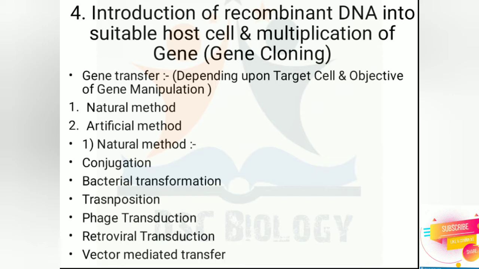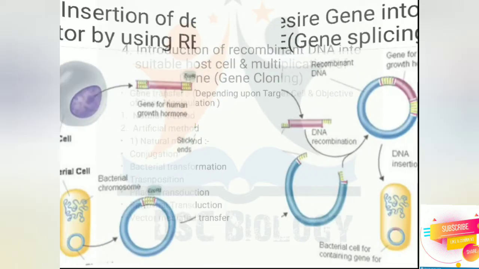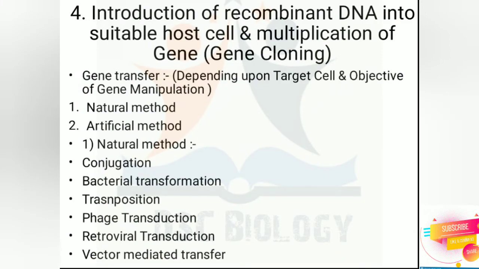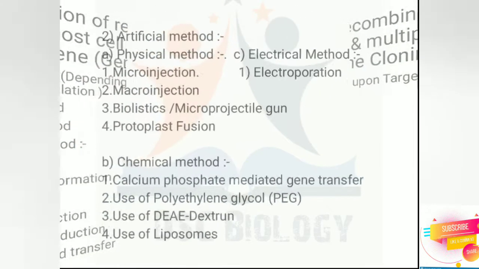Here, by using the artificial method, we introduce the recombinant DNA into the cell. In the previous video we discussed the list of natural and artificial methods. In this video we discuss some artificial methods of gene transfer that are used for the transfer of desired DNA into the host cell. So let's start.